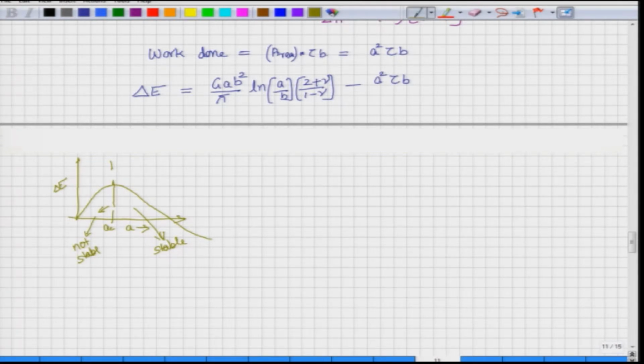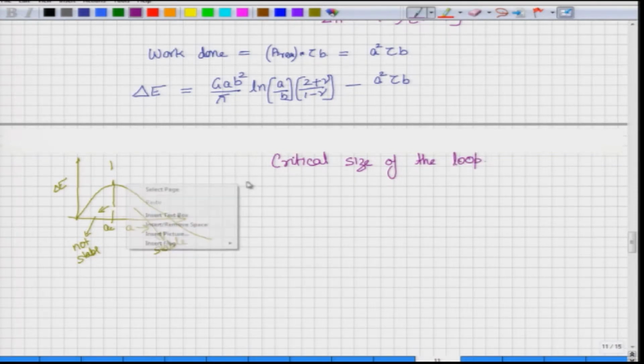And how do we find that critical size of the loop? It is not very difficult. You have to differentiate delta E with respect to A, and that will give you the critical size of the loop.